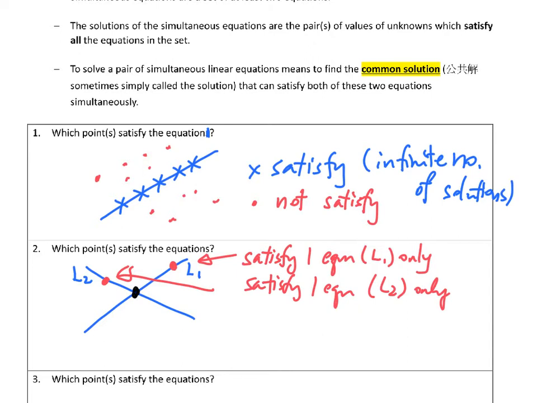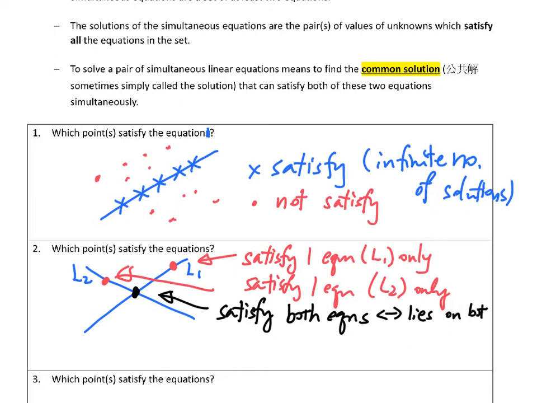This point is different, this point satisfies both equations, because it lies on both straight lines.